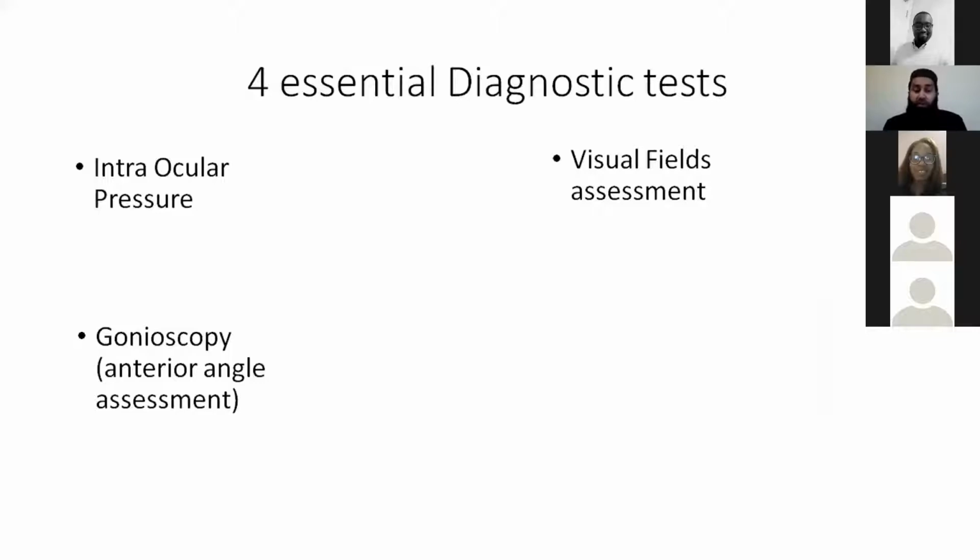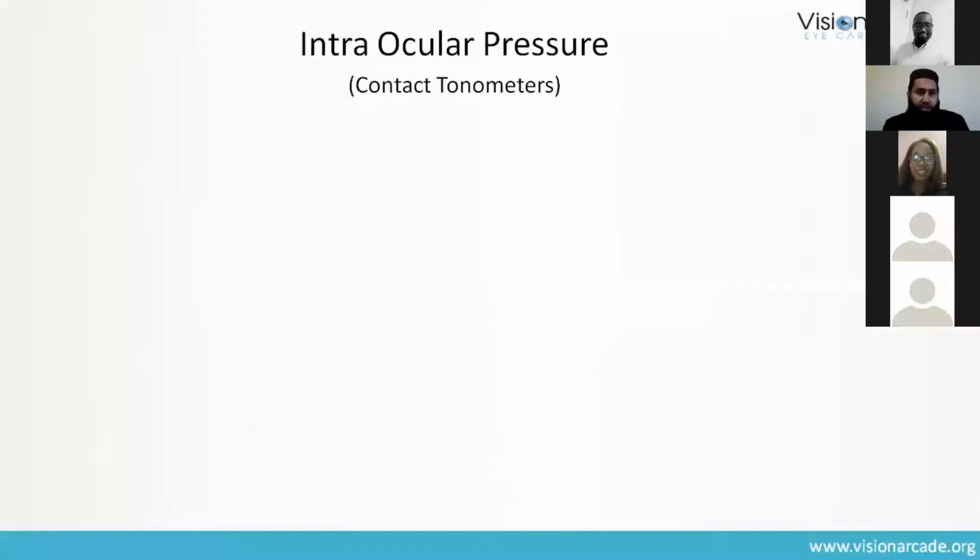However, if you can master this technique, it's really, really important. Although anterior angle assessment can be done through Van Herrick's as well. Although gonioscopy is something that is very, very essential and very important. Fundoscopy, of course, for optic nerve assessment. So these are the four essential diagnostic tests. Then there are further tests that we can perform as well. I'll come to that later on.